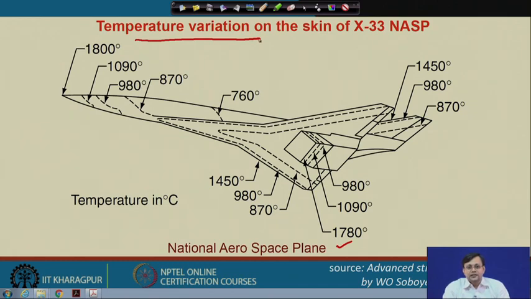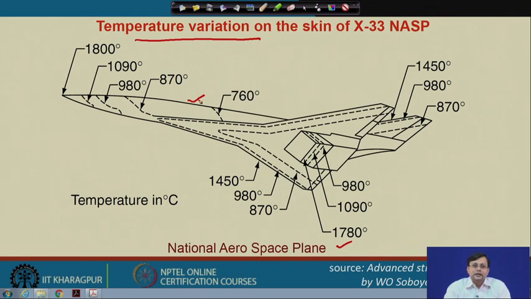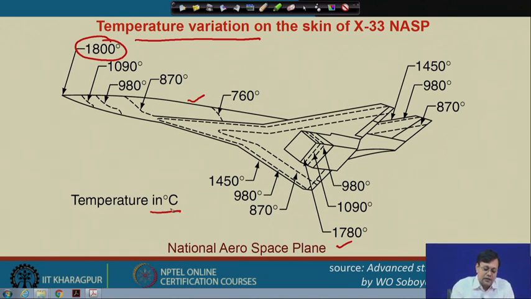Because of the high friction between the skin and the air, the temperature basically rises, and these lightweight alloys should be capable of withstanding that high temperature. One can simply guess how much temperature it can rise, but you can see here the temperature rise at the nose of a supersonic jet or national aerospace plane in centigrade, it is something like 1800 degree centigrade, that is very high.